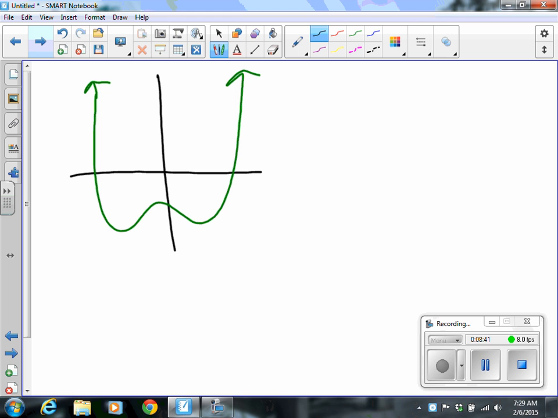Because it's both going in the same direction, we know it's even. And then looking at this, how many times does it cross the 0? It crosses the 0 twice. Another thing to call it is a root. So you'll be asked to do that kind of stuff. The last thing that you will be asked will be plugging something into your function and evaluating.